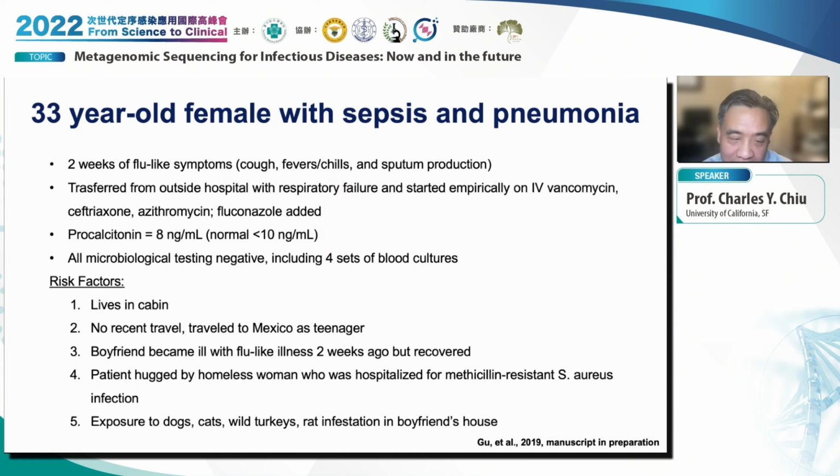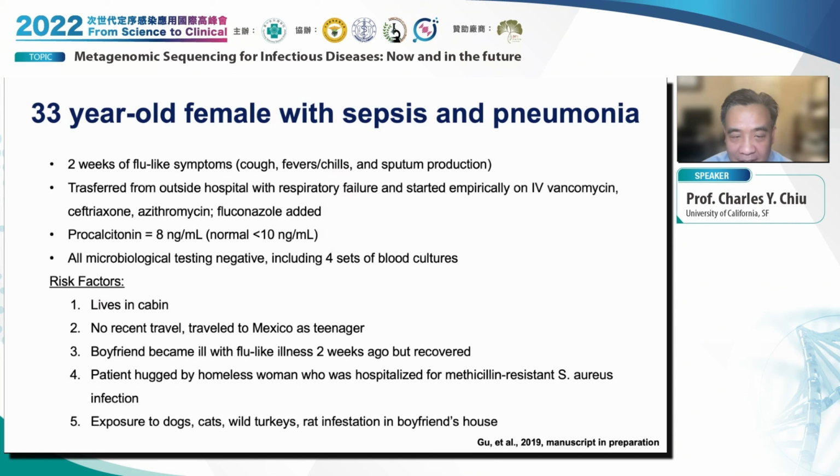In addition, the patient stated that she was hugged by a homeless woman who was hospitalized for methicillin-resistant Staphylococcus aureus infection, or MRSA. And then finally, she had unusual exposures to dogs and cats and wild turkeys, as well as a rat infestation in her boyfriend's house. So really, the differential diagnosis was quite large.